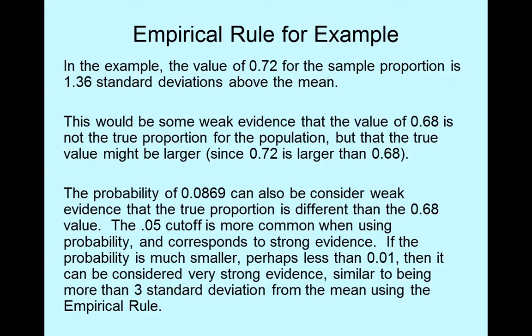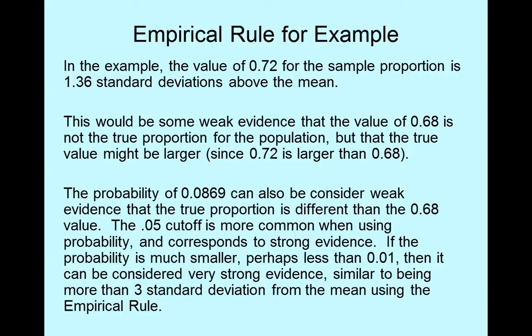The 0.05 cutoff is more common when you're talking about probability and probably corresponds more to strong evidence. If the probability is a lot smaller, maybe less than 0.01, then you might consider it very strong evidence, similar to being more than 3 standard deviations away from the mean when using the empirical rule.